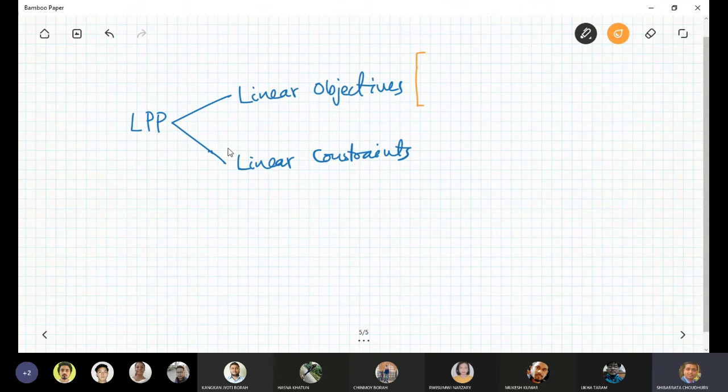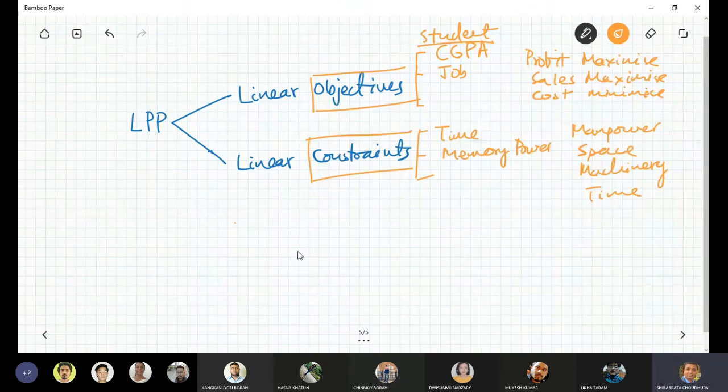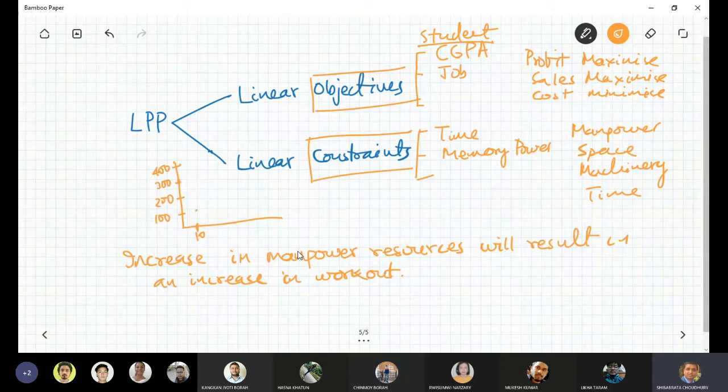What is the objective for a student? What is the meaning of linear in the linear objective and constraints? Linear means uniform, straight. Like 10 people would be producing 100 units, 20 people would be giving an output of 200, 30 people 300, 40 people 400.